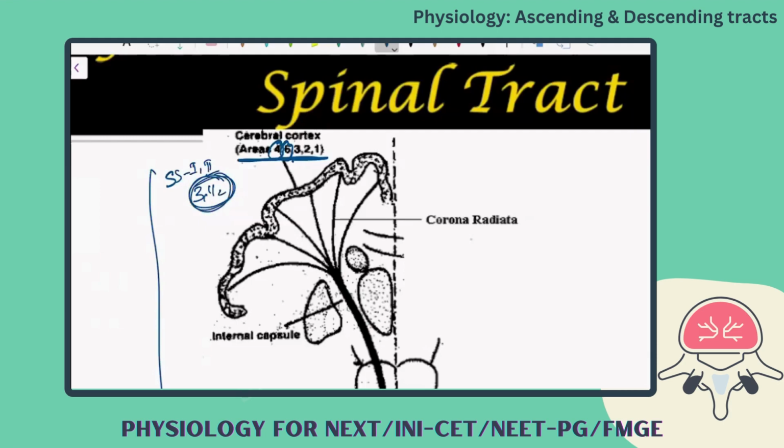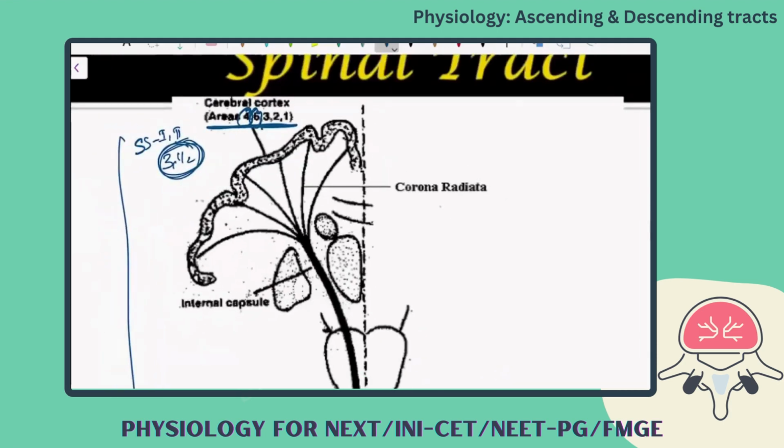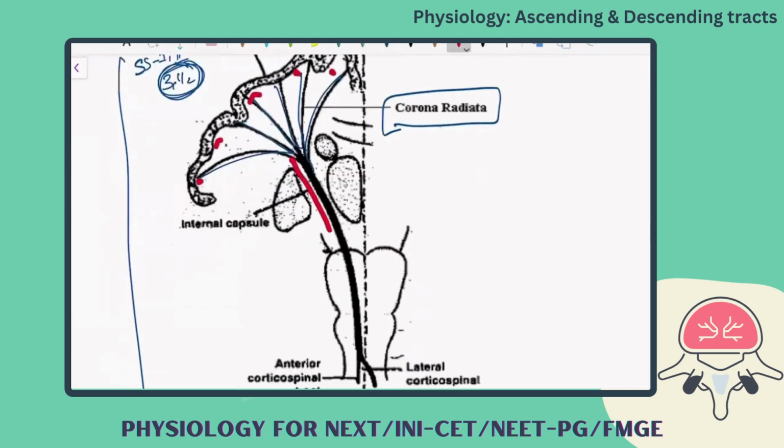Okay, clear? So the fibers from the motor cortex come out in a fanning position. You call them the corona radiata because it is bringing the sensations from all these parts of the cortex. And then it is entering into the internal capsule.